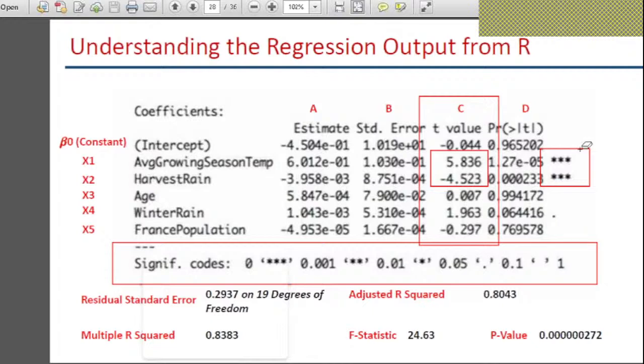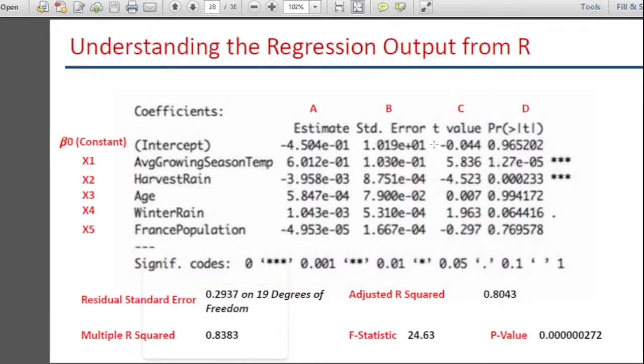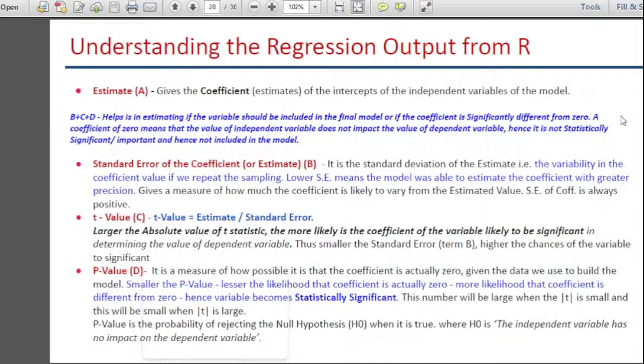Right now we have 3-star ratings against these two, and no wonder we have the maximum t values here. We have to look at the absolute t values. The higher the absolute t value, the more significant the variable is going to be.